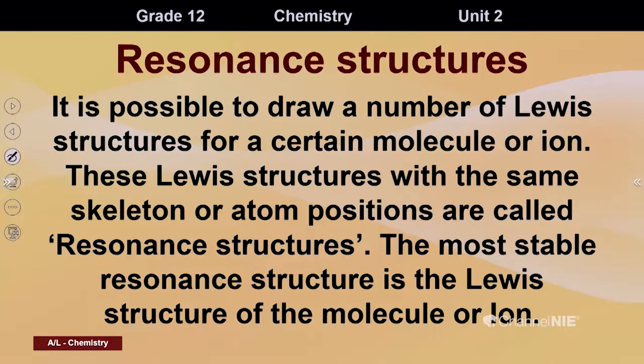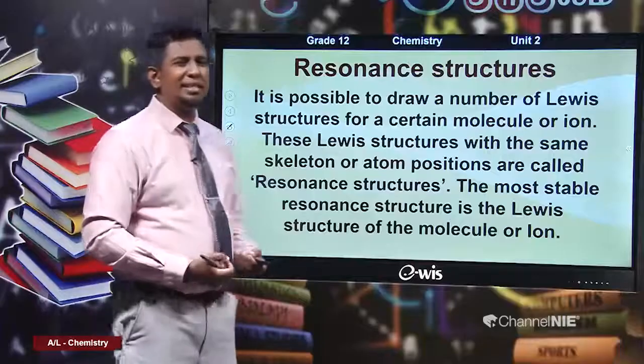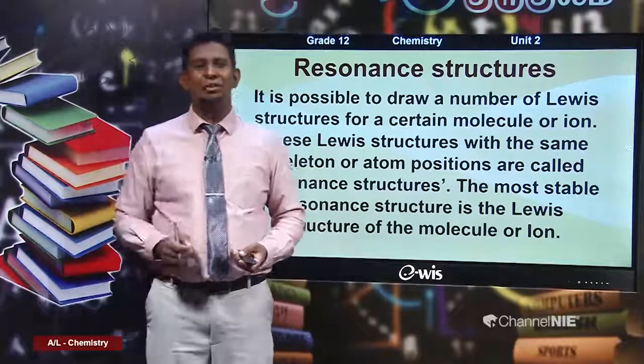These Lewis structures with the same skeleton or atom positions are called resonance structures. It's actually the same idea that I have already given you. The most stable resonance structure is the Lewis structure of the molecule or ion. Anyway, it's the same idea that I taught earlier.